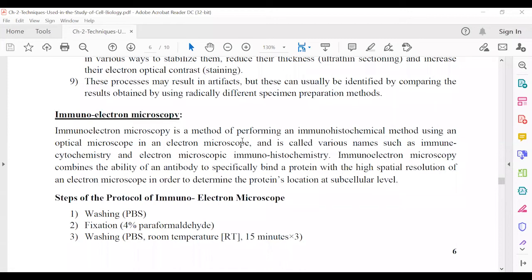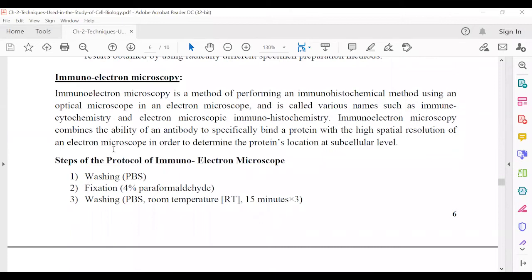In this technique, we use immunocytochemistry in the electron microscope as another technique for the detection of more samples in different fields.